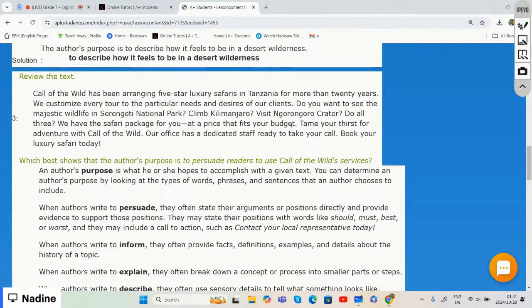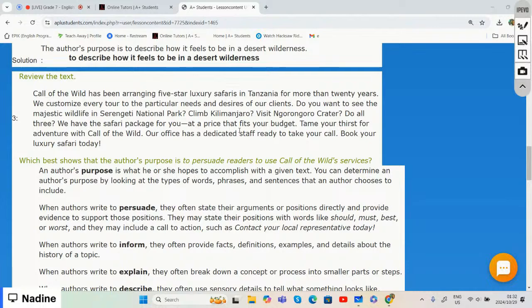All right. So if we look at the text, remember we said that the author is either trying to persuade us, inform us, explain something, or describe something, right? Based on a review of the text, the author is informing us about the luxury safari that they have in Tanzania. They're giving us information about it.